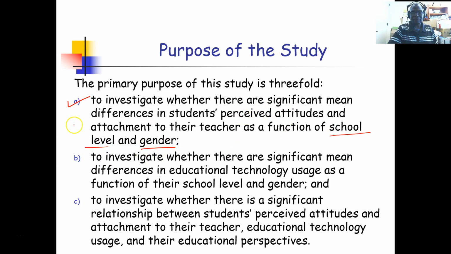So for the first purpose here, our dependent variable is student educational perspectives, while our independent variables, we have the first one as school level, and then we have also the second one, gender. And then we look at the same dependent variable, student educational perspective.